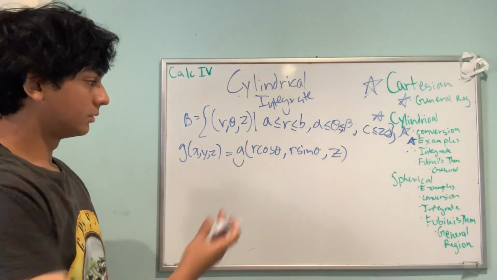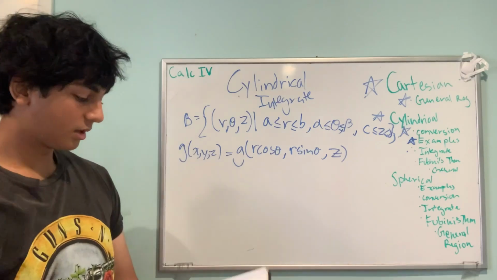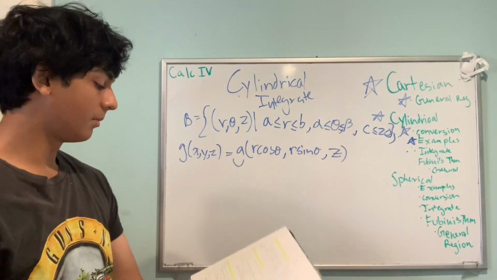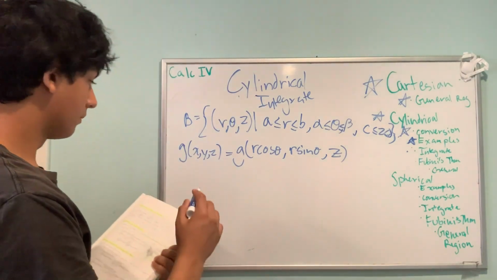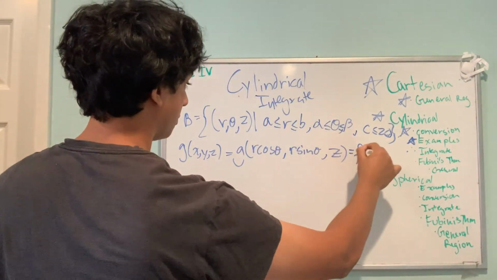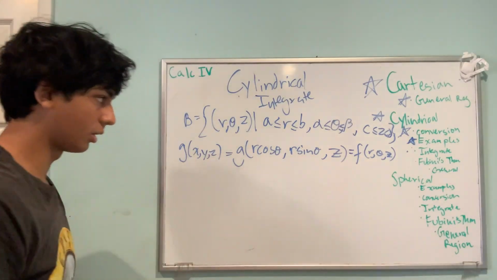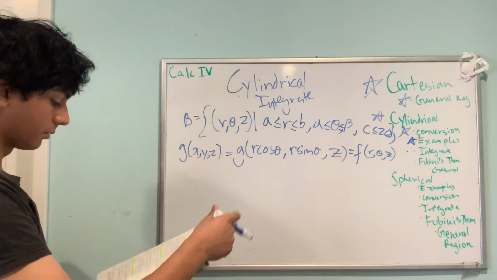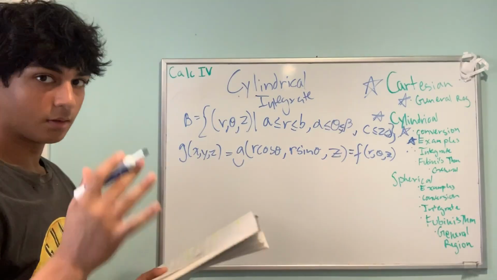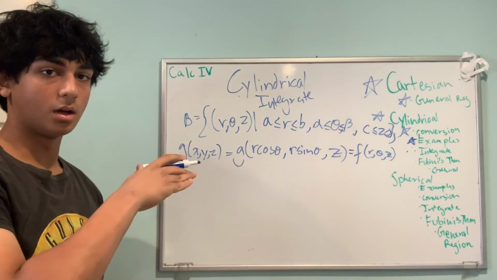So these are just our conversions from before, and z stays the same. And we can set this to just a function of r, theta, and z, because we've converted everything to r, theta, and z.